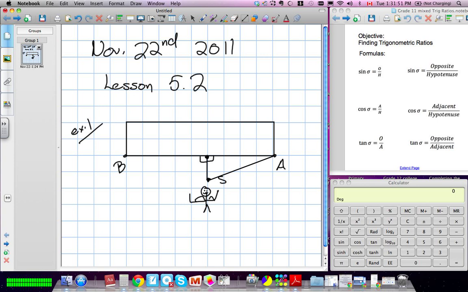Let's make that a little more clear. That's 34. It's 34 degrees and it's 150 meters away. It also says that corner B is 347 meters away and 69 degrees west of P.